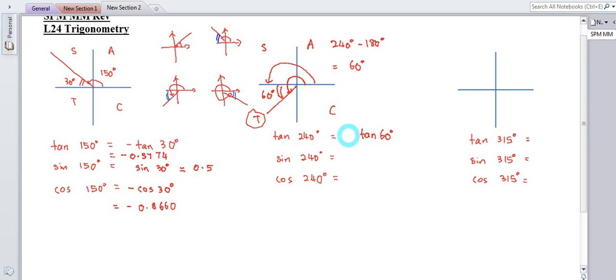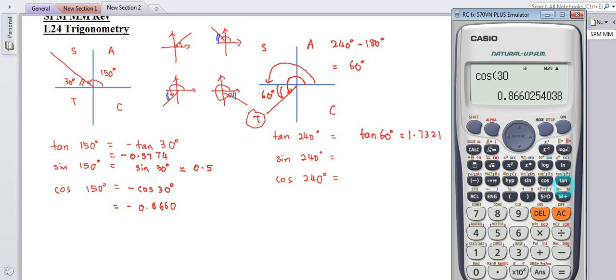We don't have to add a negative here because why? Tangent is positive in this quadrant. So just press the calculator, tangent 60, you will get square root of 3, or you can write your answer in decimal, 1.7321.